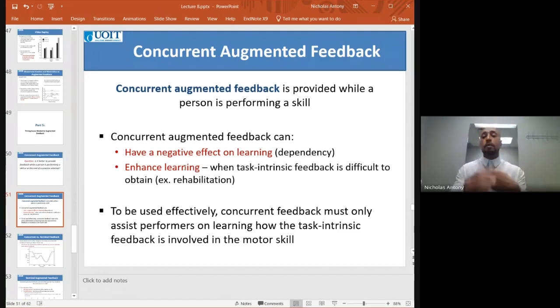Remember, when you provide augmented feedback, you're giving additional feedback in addition to what the person is already aware of with task intrinsic feedback. So providing it can enhance learning by giving them more awareness, but if you give concurrent feedback continually, the learner may become dependent on it.